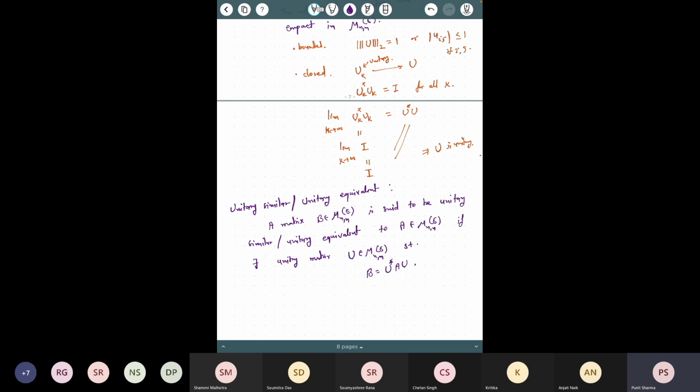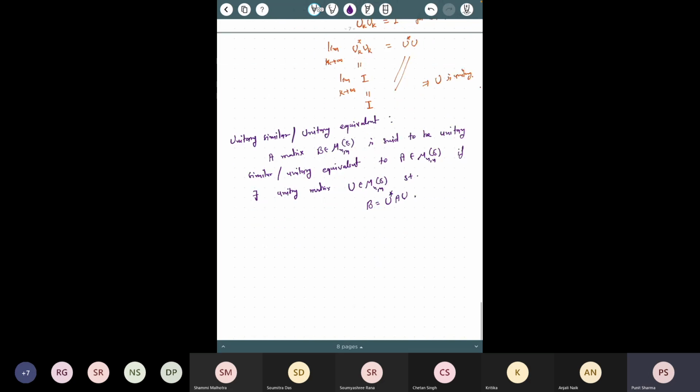There I did not mention unitary similarity, but in fact you can say that every complex n cross n matrix is similar to an upper triangular matrix via a unitary similarity transformation. That is Schur's lemma. We will prove it next.